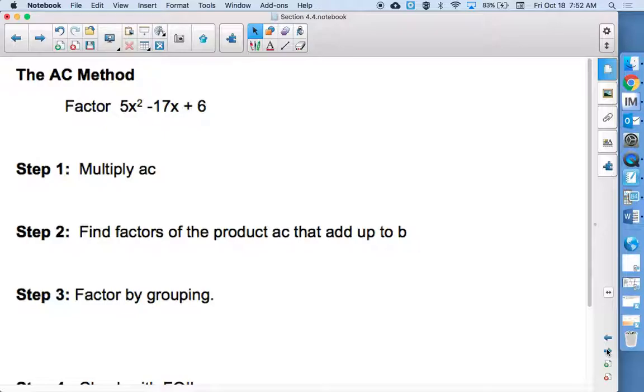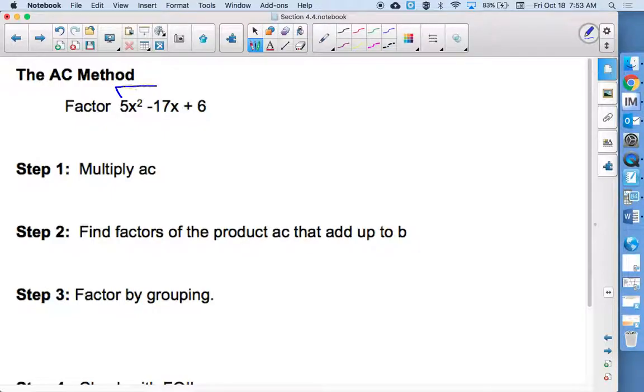We are going to factor with coefficients with the x squared. So we have a 5 in front of the x squared, and then a negative 17x and a plus 6. There are a couple of little steps underneath to get you to think about how to factor this type of problem. The first one says multiply a times c. What are the a and c values that we're multiplying together? 5 and 6.